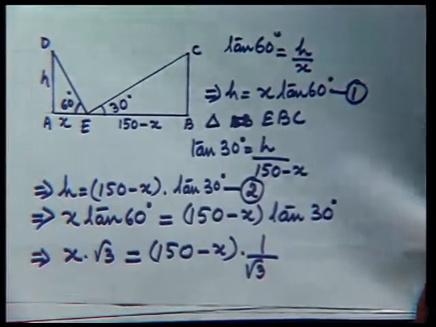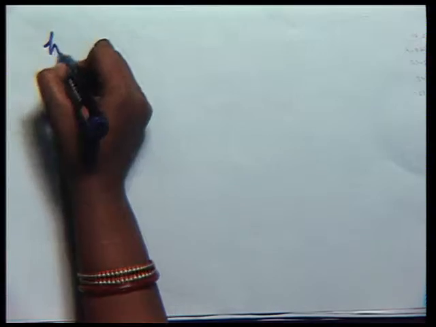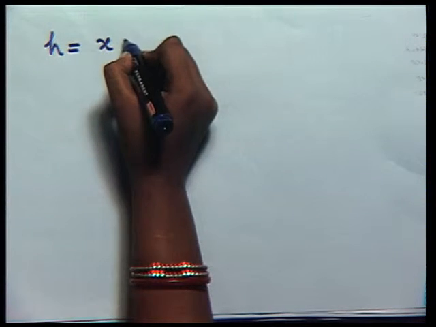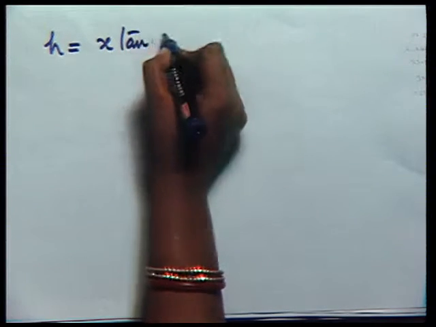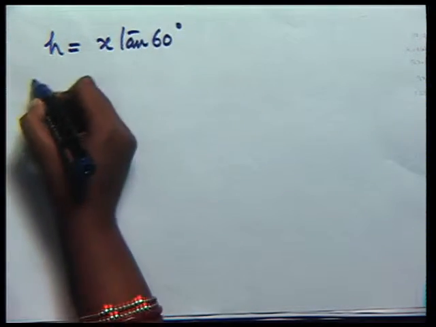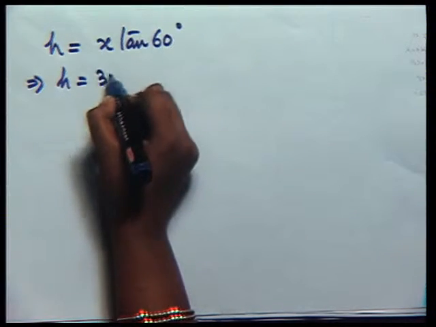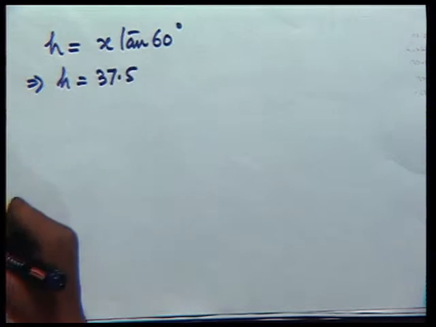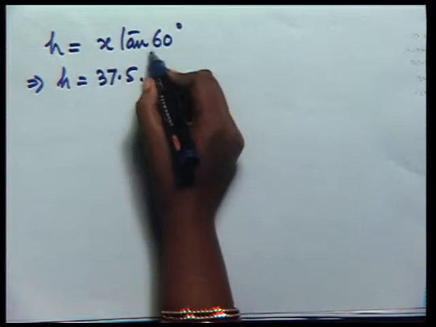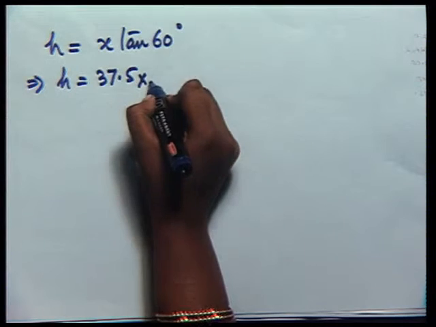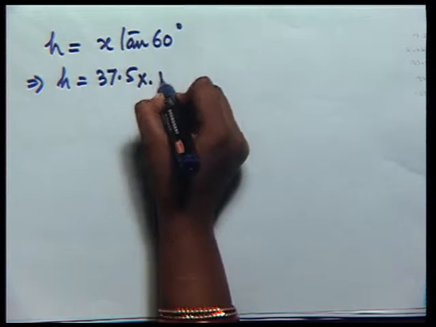So using equation 1, what do we get? Let us see. H is equal to, we had x into tan 60 degree. This implies h is equal to x, we just now found, it is equal to 37.5 meters into under root 3, the value of tan 60 degree.